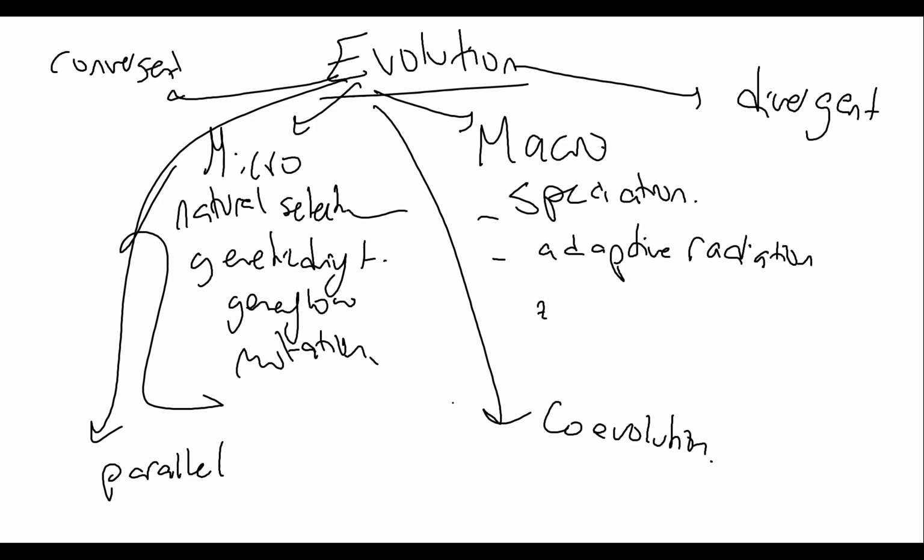Coevolution is the process by which two or more species reciprocally affect each other's evolution. Example, the evolution of long beaks in hummingbirds and long-tubed flowers, where each has adapted to the other's characteristics.